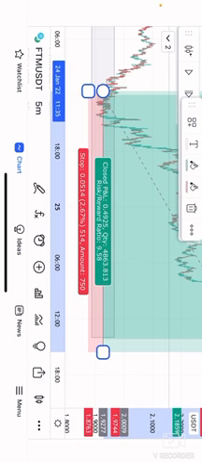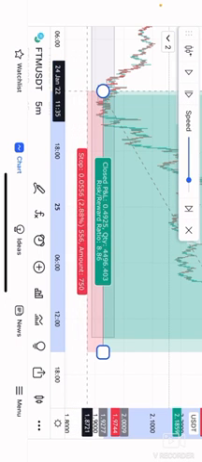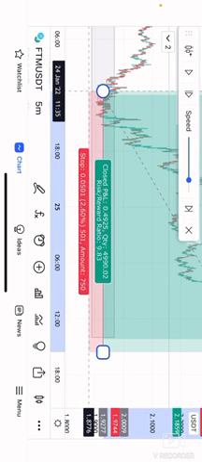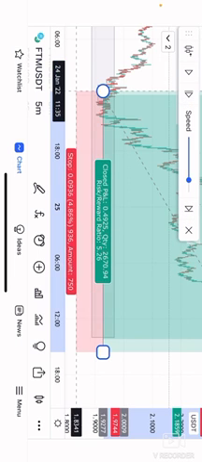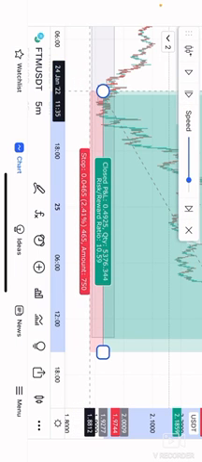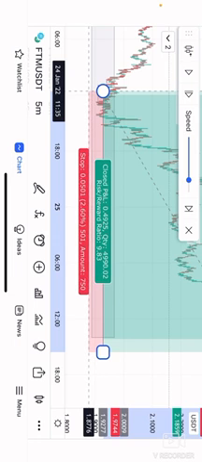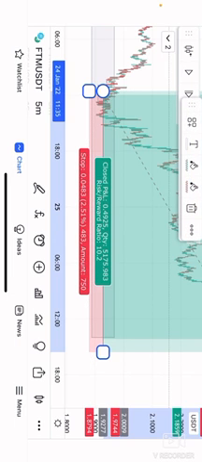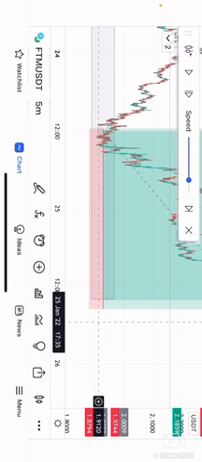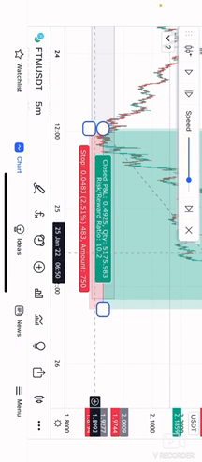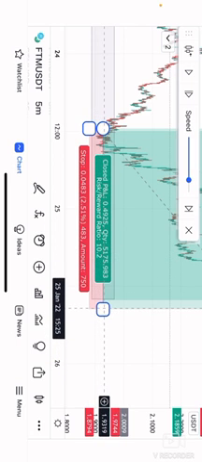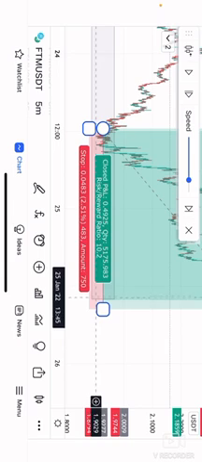Let's approximate it to 10. It's 10.2 now. That means that's a 1 to 10 risk to reward ratio. That is, this stop loss, you see 10 of it in this take profit.